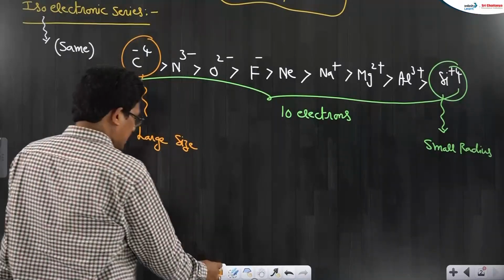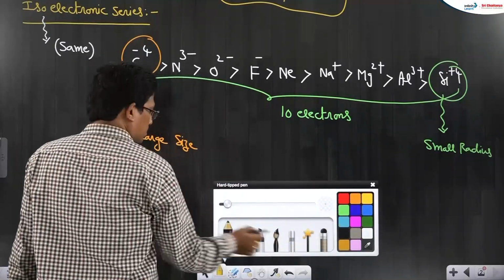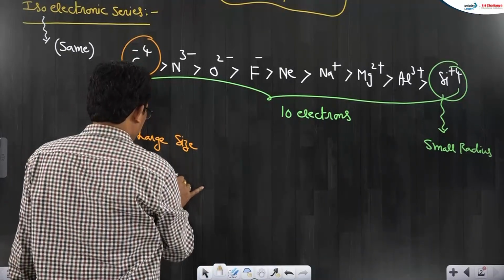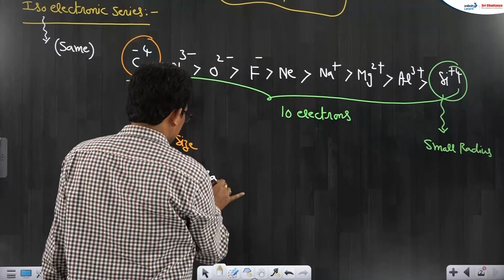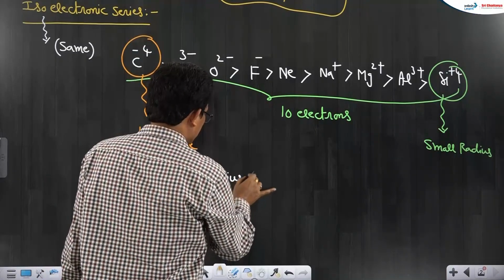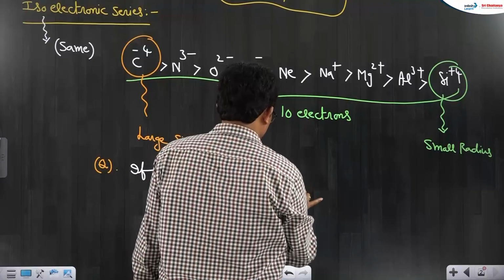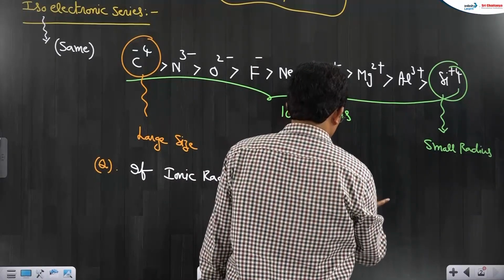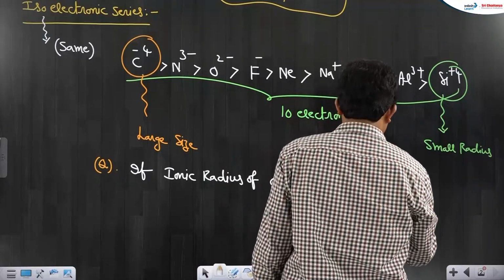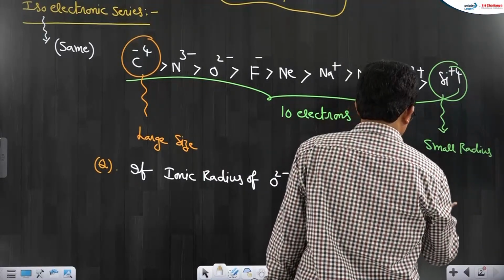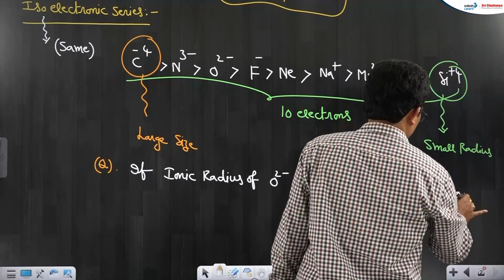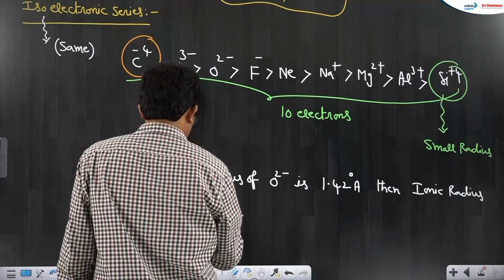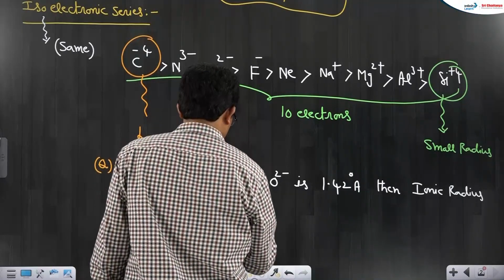Another one is like this: if the ionic radius of the oxide ion O2 minus is given as 1.42 angstroms, then the ionic radius of Si4 plus ion is dash.